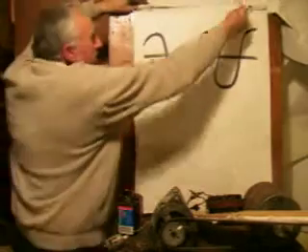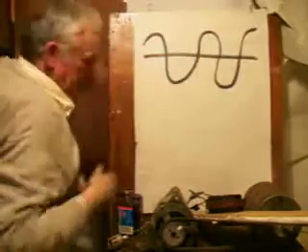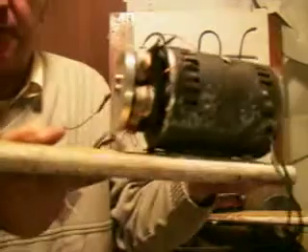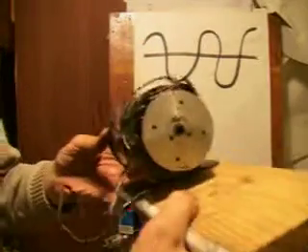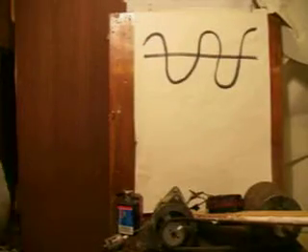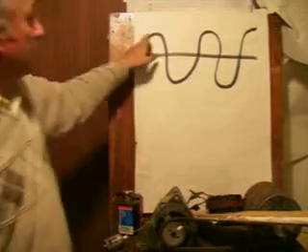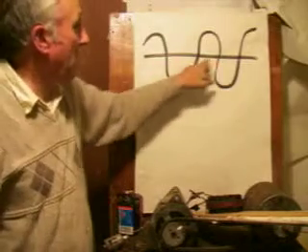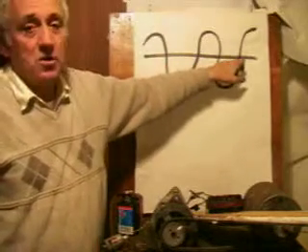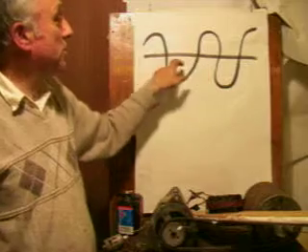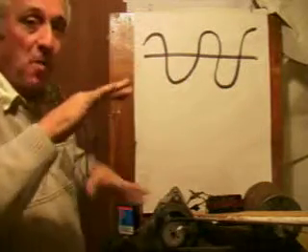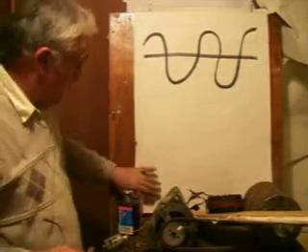In the case of a single phase motor, such as this small one, or a generator like the one on the front, the waveform out of it is like this, and there are times here, here, here and here when there's no current. This is equal to riding a bicycle when the pedal is at the very top. There's a point at the very top where you can't push it down and there's no current.